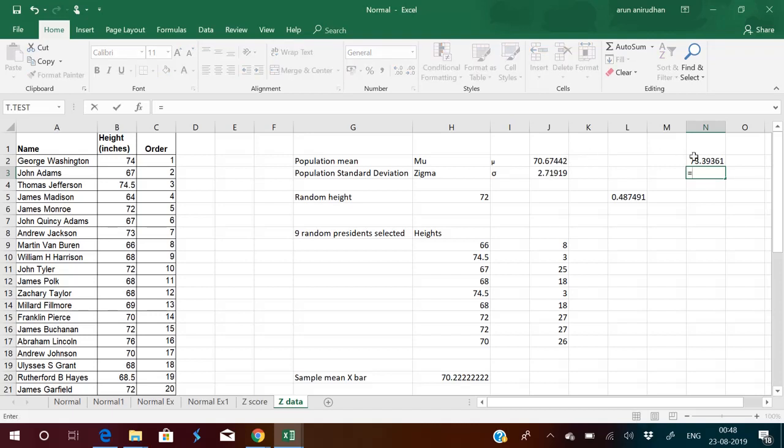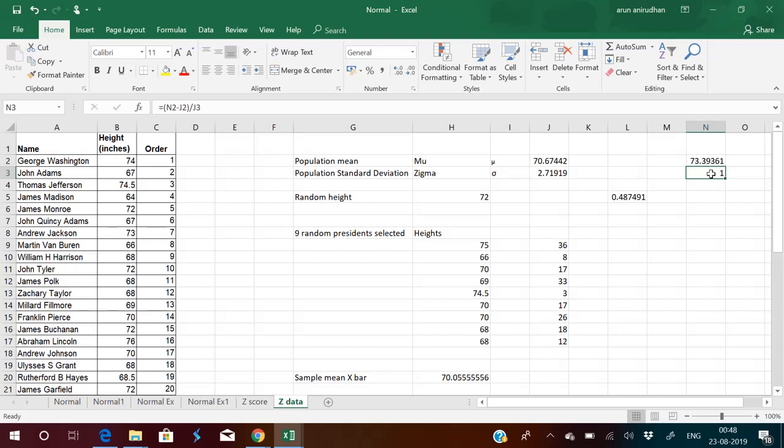Equal to this data point minus mu, the bracket, divided by the standard deviation. You get 1. Hope you understood now. That is, mu plus sigma will be 1 z value from the mean. Okay, hope you are clear. So here what formula you used? You used x minus mu by sigma.